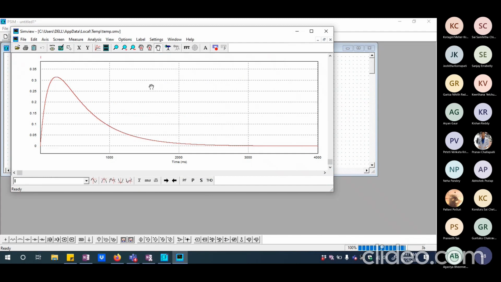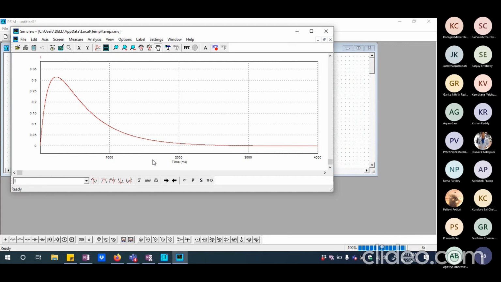Can you see? It is starting from 0 and the current is going up to something like greater than 0.3 and then it is coming down to 0 finally. When I run it for so many milliseconds, you can see the time is shown in millisecond and this is coming down to 0, which is like an overdamped system.